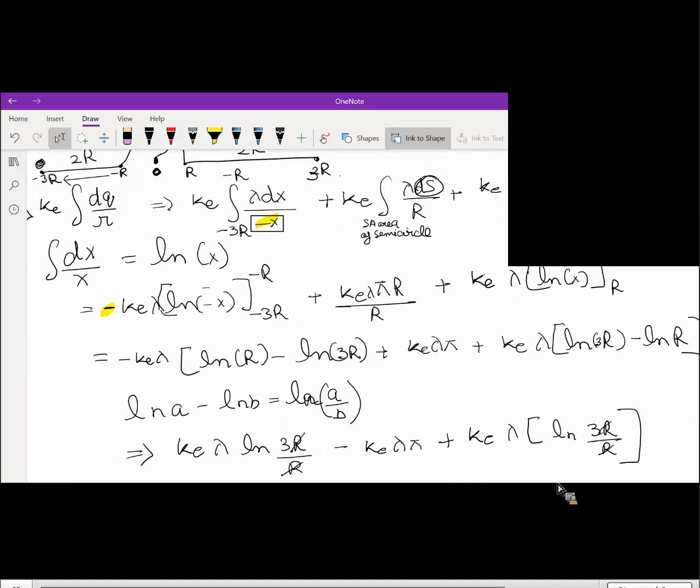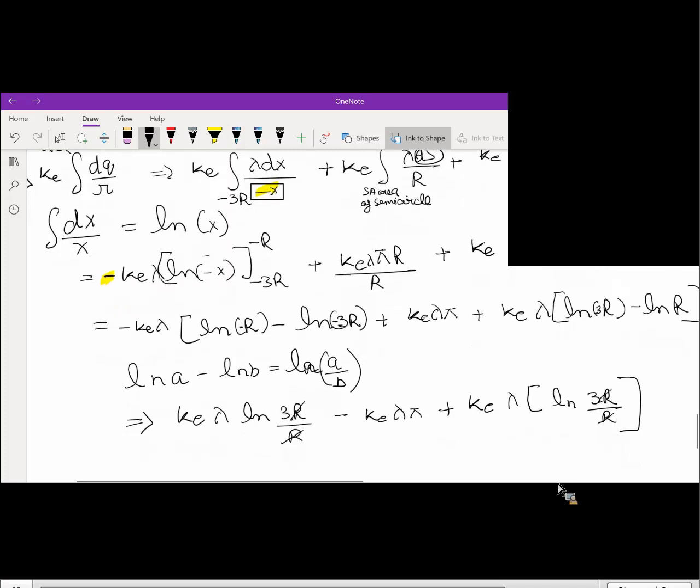Oh yeah, there shouldn't be this negative there. But it doesn't make any difference. Yeah, it should be ln of x. But it won't make any difference even if you put minus. If you put minus here and here, it won't make any difference, because it will go in divide a by b, then it will subtract it. It will cancel out. Oh, that was a typo. Thank you very much. Thank you for the correction.